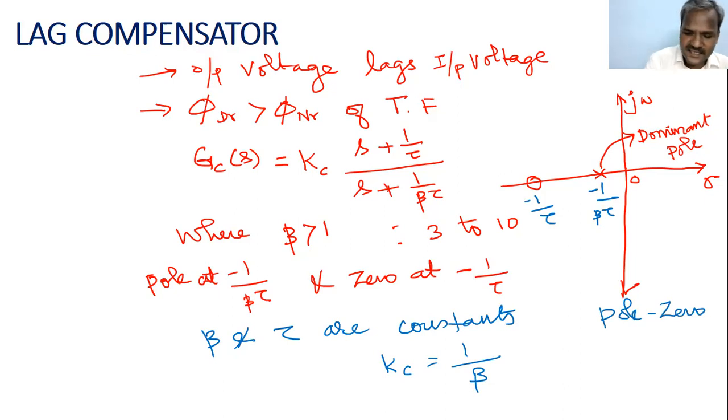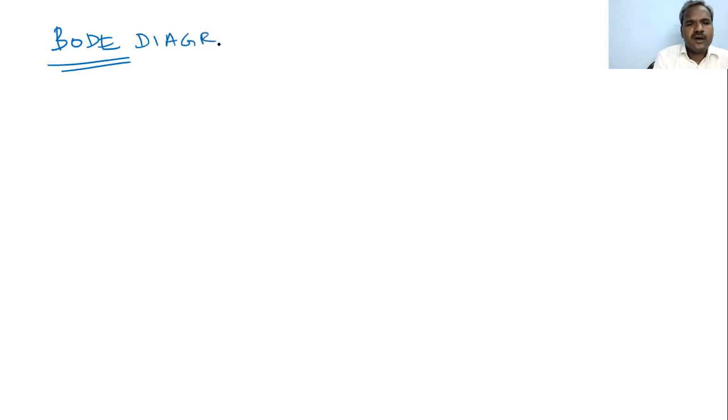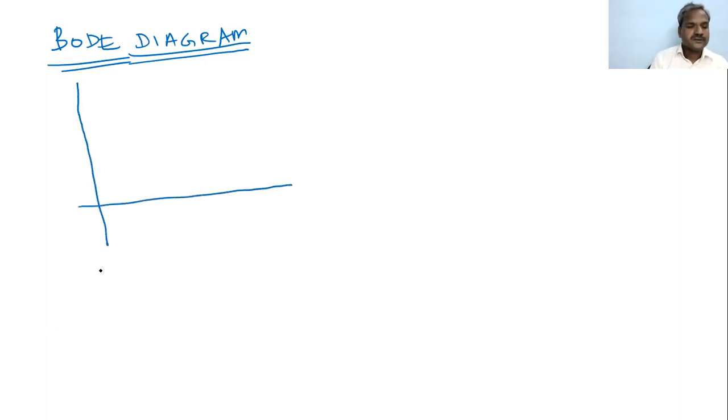Let's see what is the nature of the frequency response. We can obtain the frequency response using a Bode plot. So this is the Bode diagram for the lag compensator. Very simple. You can have a magnitude plot, then the phase angle.